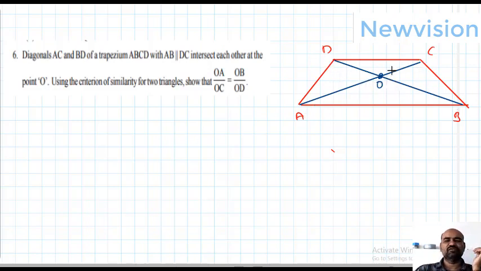Already we proved this by using BPT, but here we want to prove the same thing using similarity. Observe, all of you. In trapezium ABCD, AB is parallel to DC. My target is to prove that these two triangles are similar.